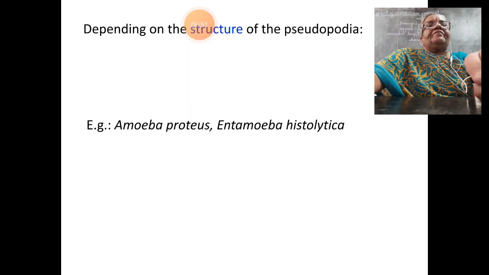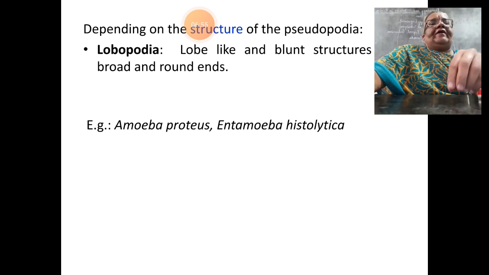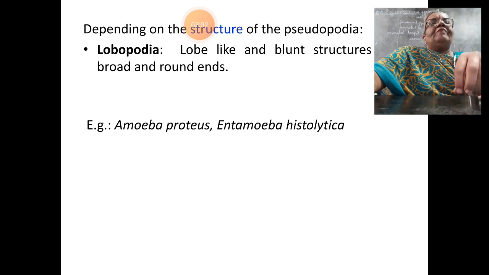Okay. So depending on the number of pseudopodia formed, you can classify them as polypodia or monopodia, right? Then, depending on the structure of pseudopodia, they can be classified into different types. Let us study them one by one. First one is lobopodia. As the name itself says, these are lobe-like and blunt structures formed with broad and round ends.